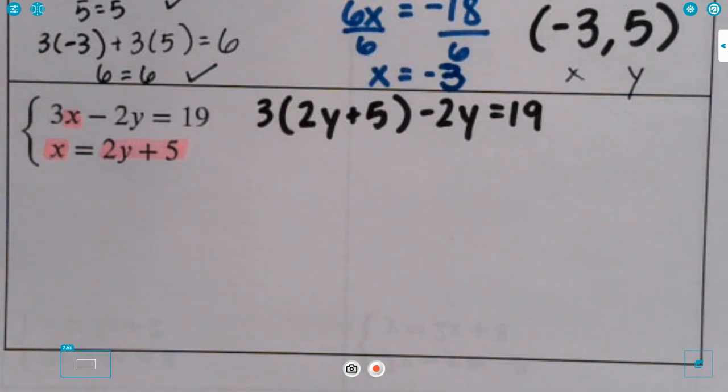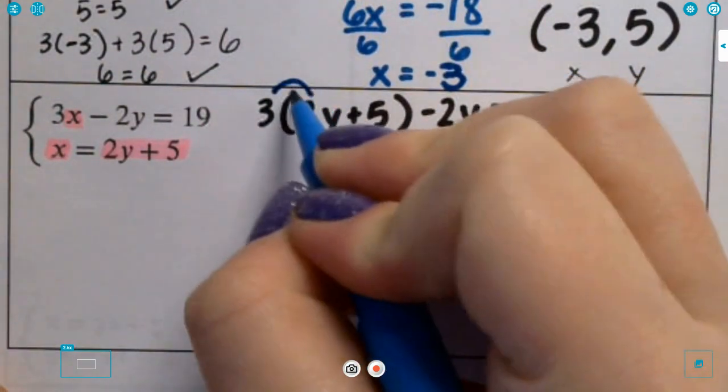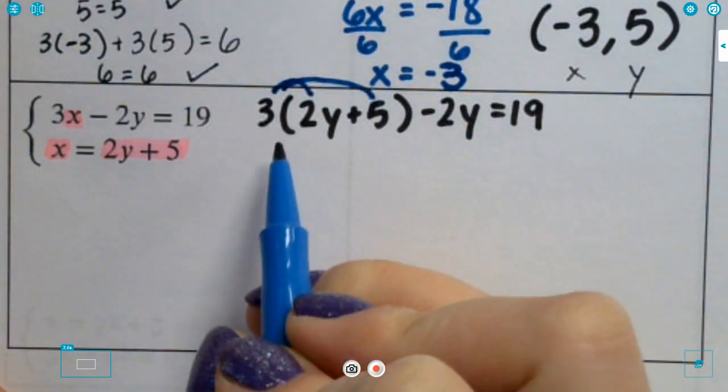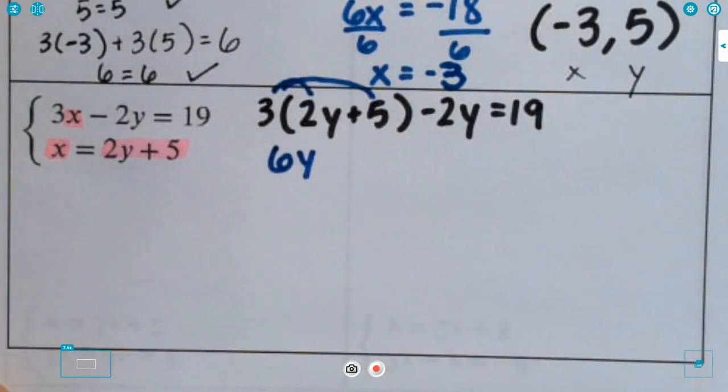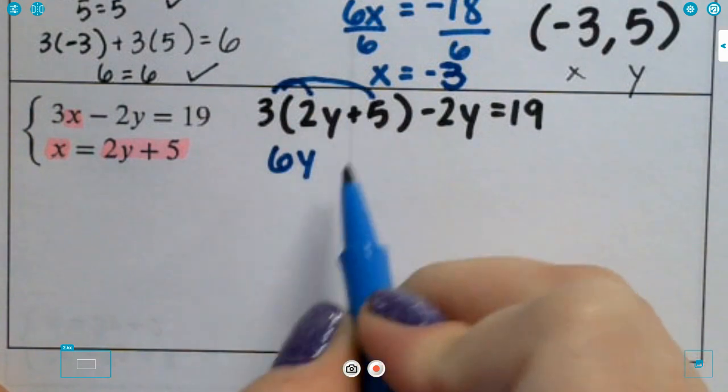Okay. Any questions about step 2, which is substituting in? Okay, so from here, then we solve. So I'm going to do 3 times 2y, 3 times 5. 3 times 2y is 6y. 3 times 5 is 15.